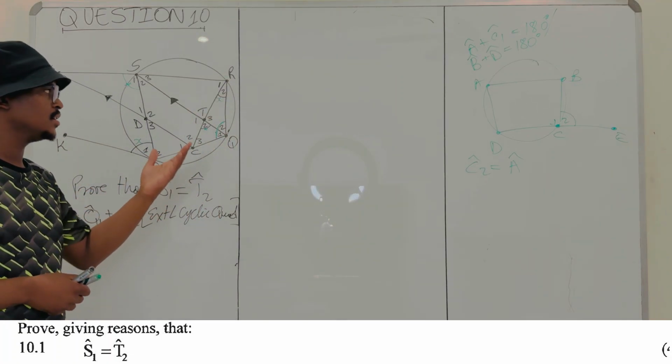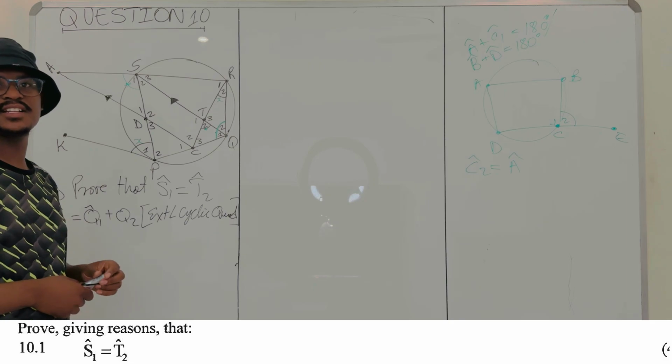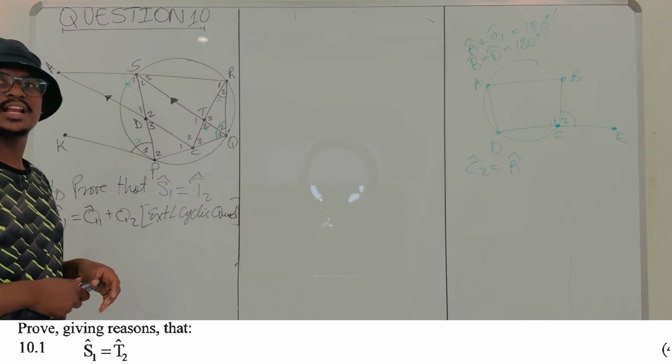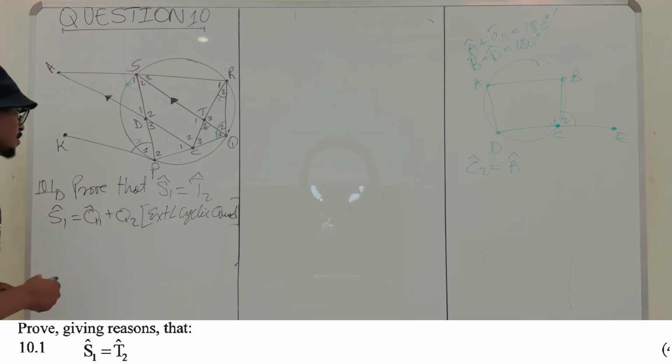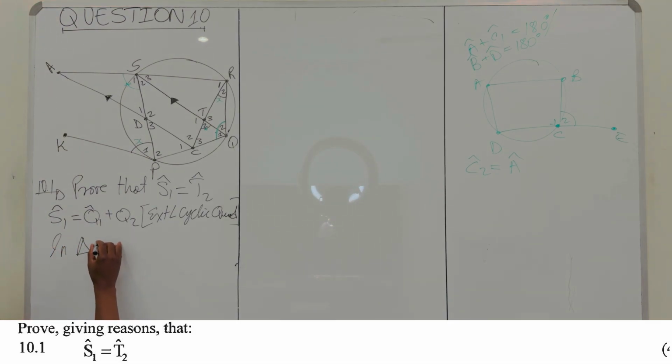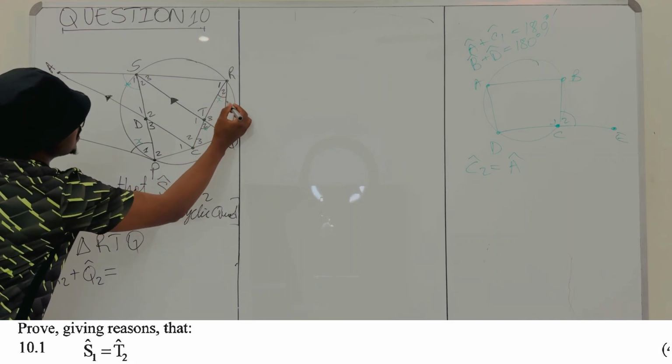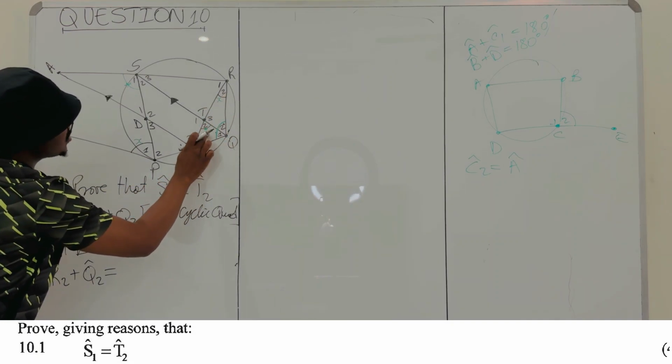And I also did triangles as well. Go to my bad actions. I think maybe like bad action 2 or 3. I did triangles and I did a lot of proofs there. So in that case, I can say in triangle RTQ, if I were to add R2 plus Q2, if you add this angle here and this angle over here, that would give me an exterior angle.